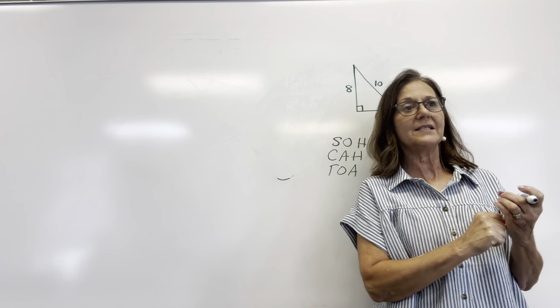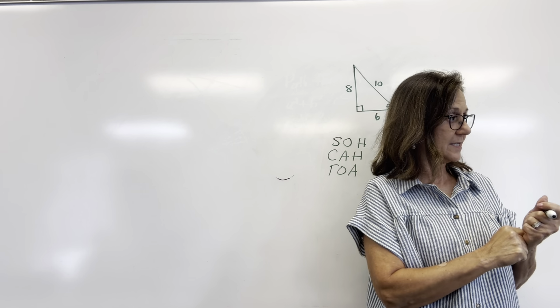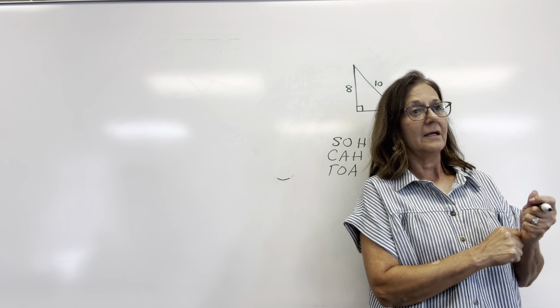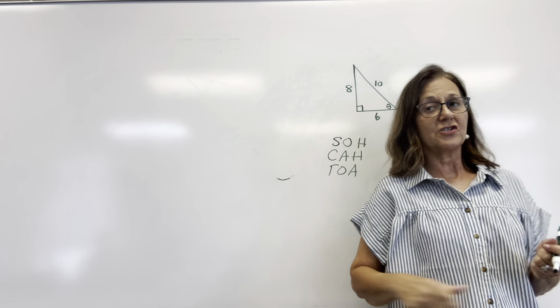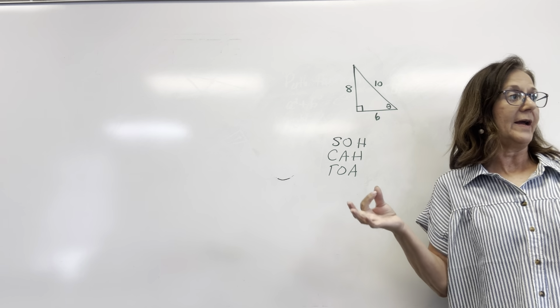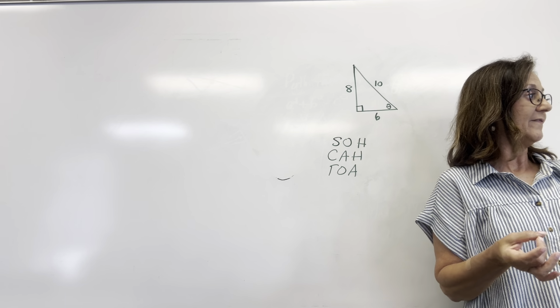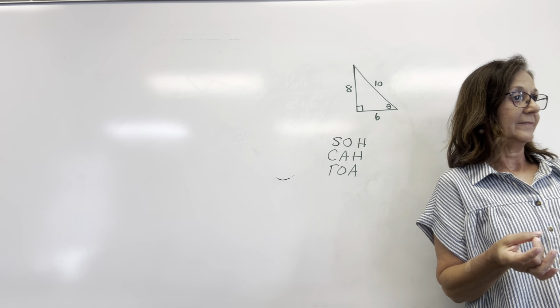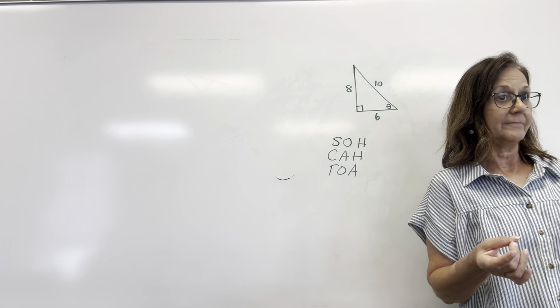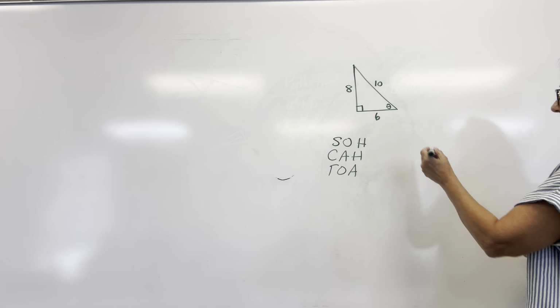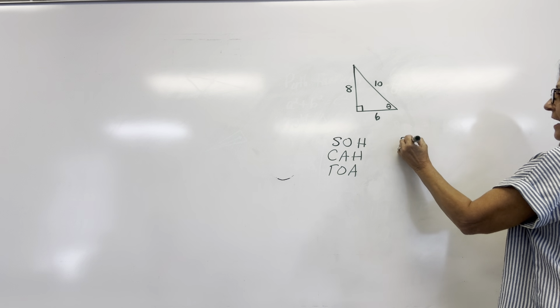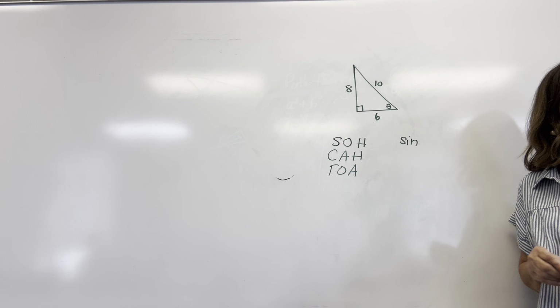I'm going to write some trig equations. SOHCAHTOA represents trig equations. There's always an x value, there's always a y value in equations, right? So I'm going to say the sine, because S stands for sine.